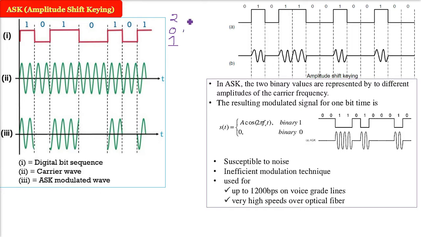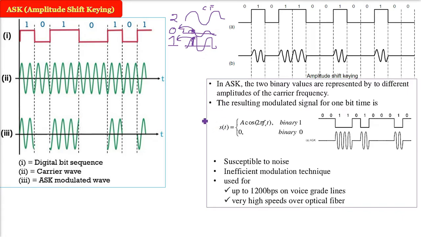Amplitude is the distance from the base level, how high the trough or the crest is. So the amplitude for 0 can be like this, and for 1 it can be like this. So the change in amplitude will reference different binary values. Okay. So by changing the amplitude, we can represent different binary values.